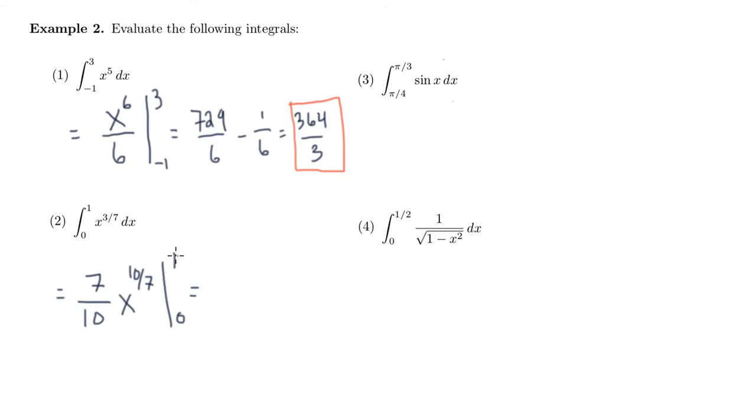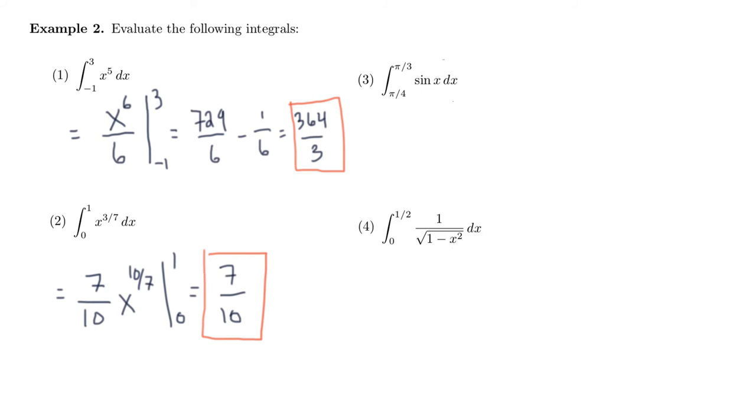But that's pretty easy. We evaluate at 1, we just get 7 over 10. If we evaluate at 0, we get 0. So the definite integral is equal to 7 over 10. Look how easy that is. The power of the fundamental theorem of calculus is great.